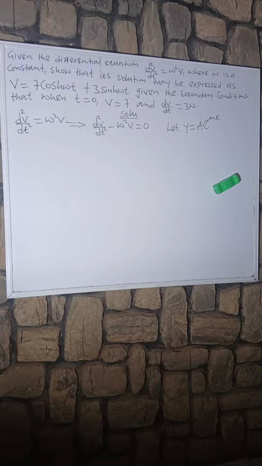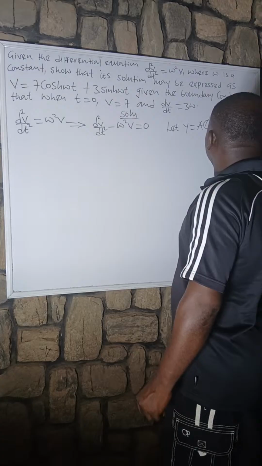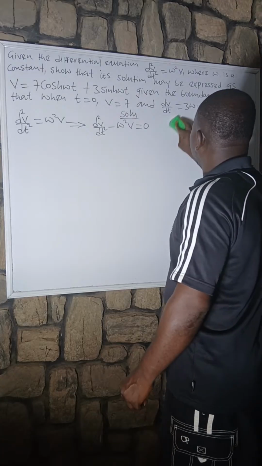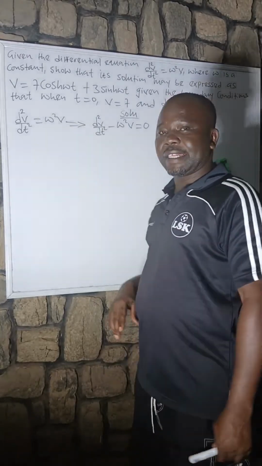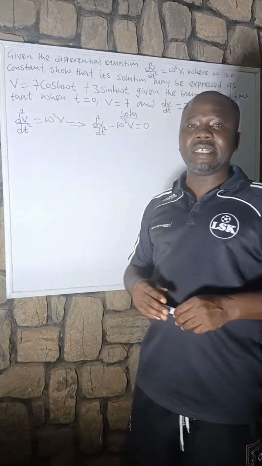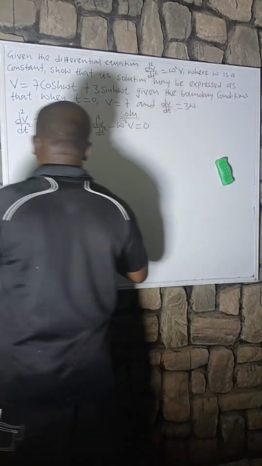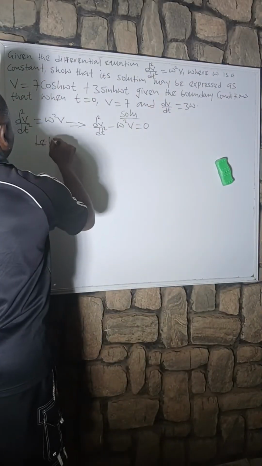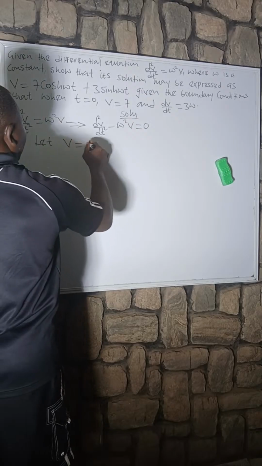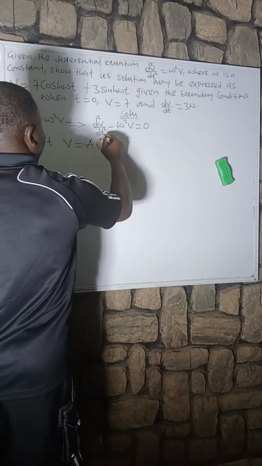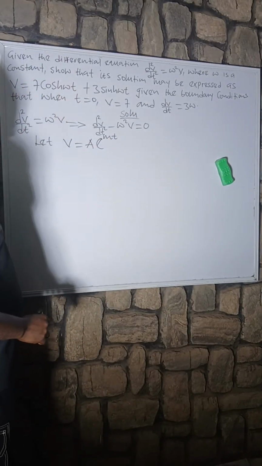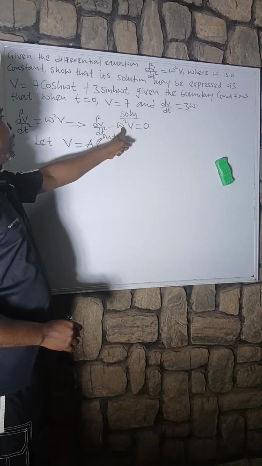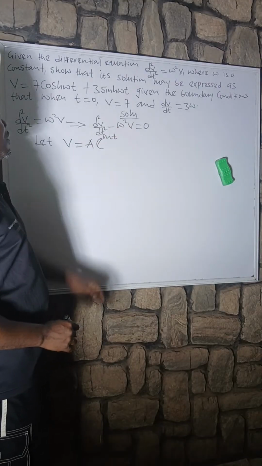Okay, so in order not to waste our time, the solution to this differential equation will now be, since the dependent variable is v and the independent variable is t, we are going to say let v be equals to a exponential mt. Can you see now? So here we don't have the first derivative, but we have the second derivative.